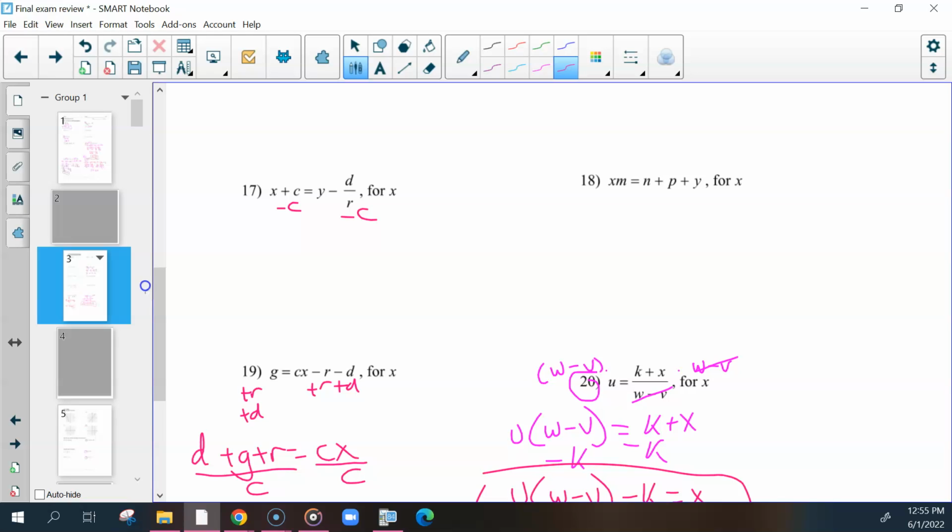So if we're moving c over by subtracting, we have x equals, and I'm going to rearrange this, negative c plus y minus d over r. And that would be our answer. Other questions on this page?